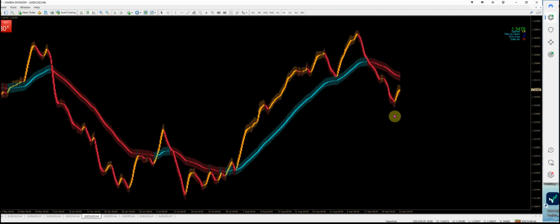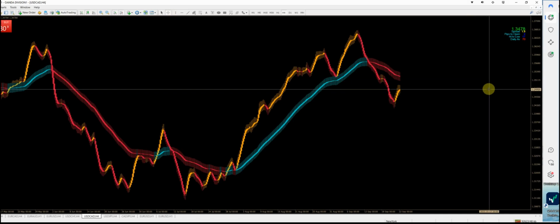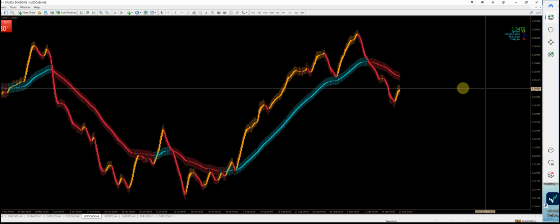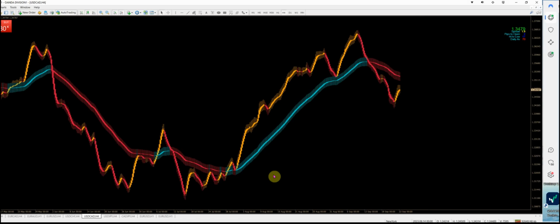Again, because these are moving averages, the one thing you have to remember is that the price may not line up with where the indicator is sitting. In this case it does. Right over here where it says 134.787, that's the current price. If I put my crosshair there, it lines up right with this Heiken Ashi, but sometimes it doesn't.